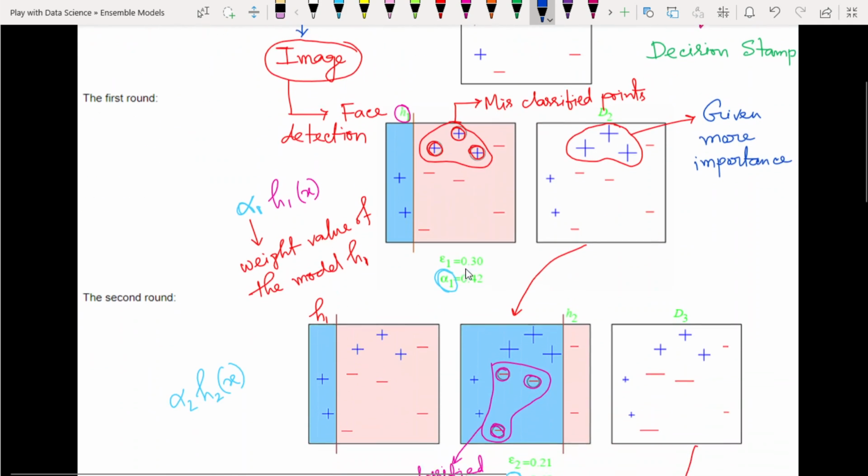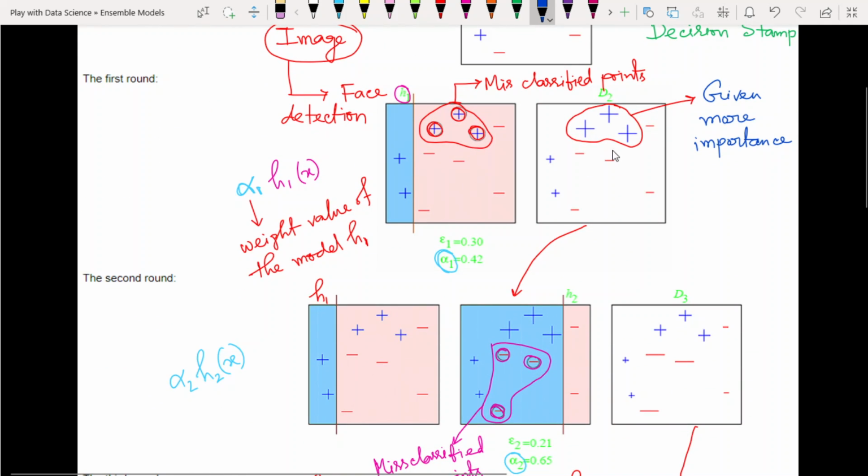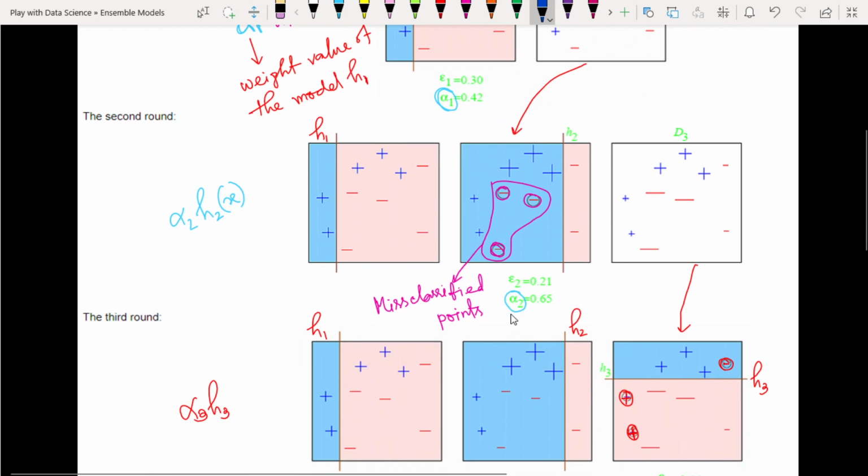Okay, and after finding the accuracy, next using this model and these data sets, build another hyperplane. So by taking care of H1 and H2, combining them, we have built another data set D3. The data set D3 is built by simple combinations of H1 and H2 that we have seen, this is for H1, this is for H2.